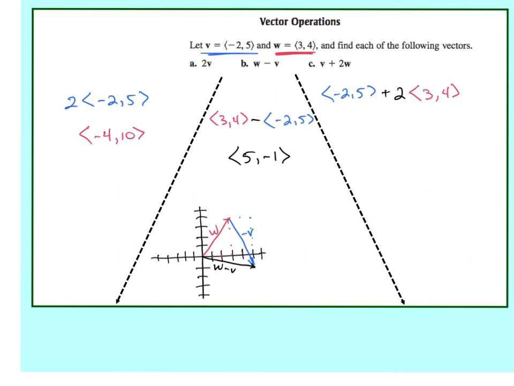I have to multiply by 2. So when I do that, I end up getting 6 comma 8. All right. And then I still have negative 2 comma 5. And so now I just have to add them together. So what is my resultant going to be? 4 comma 13.